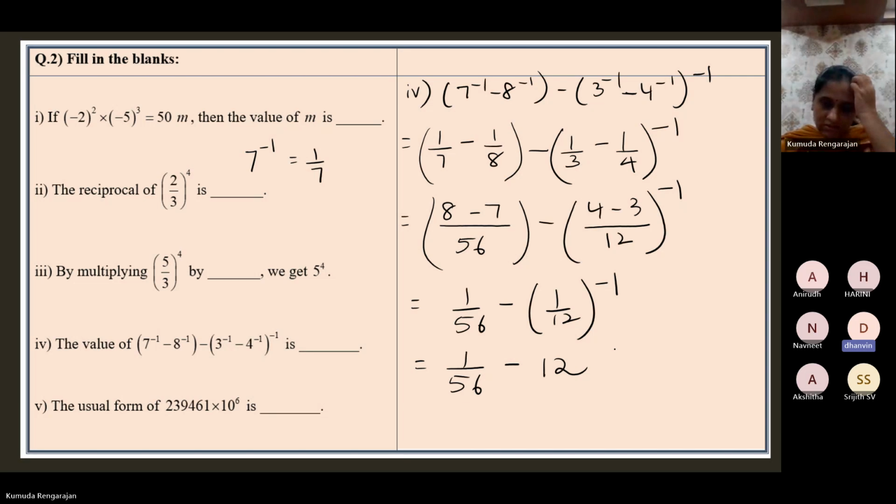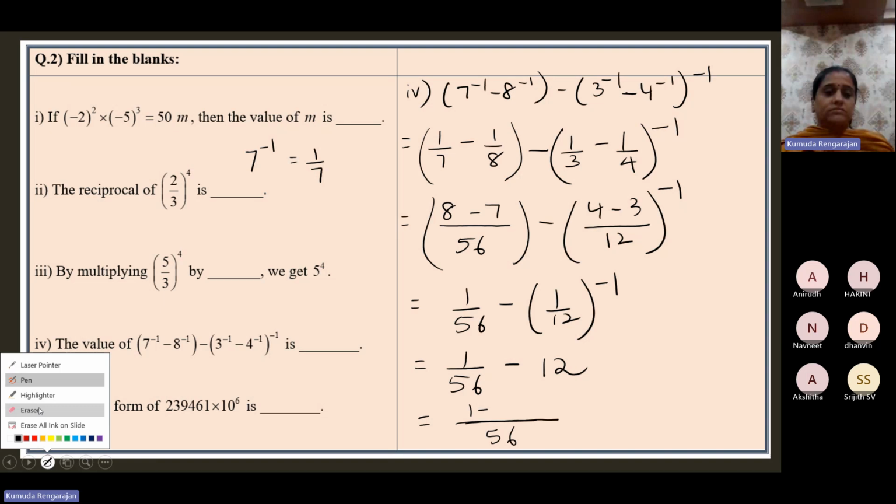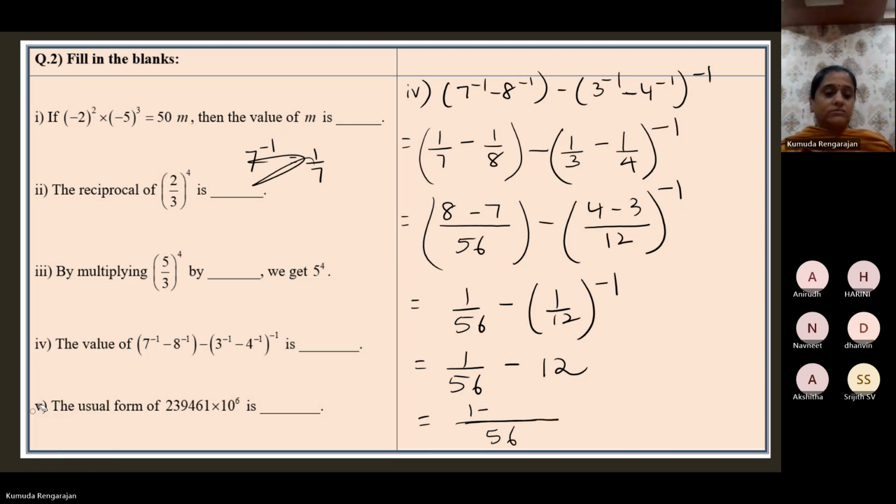Yes, ma'am. Ma'am, then we should remove the bracket now. Yeah, the bracket is gone. 1/56 minus 12. Ma'am, I wrote 1/56 minus 12/1, then I cancelled, ma'am.